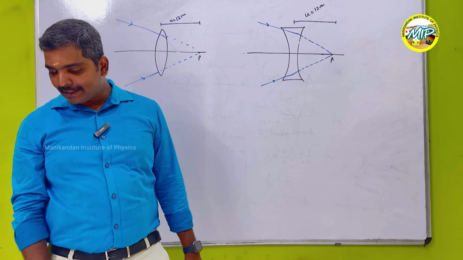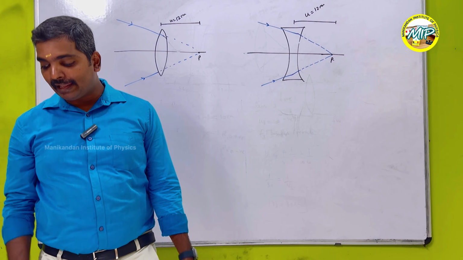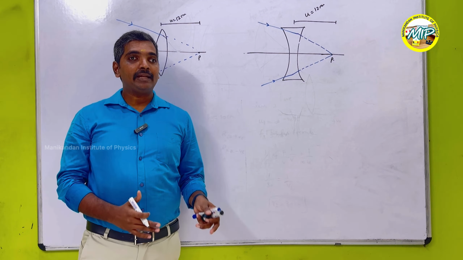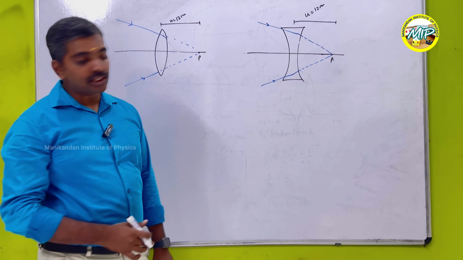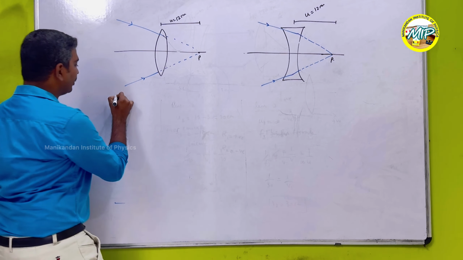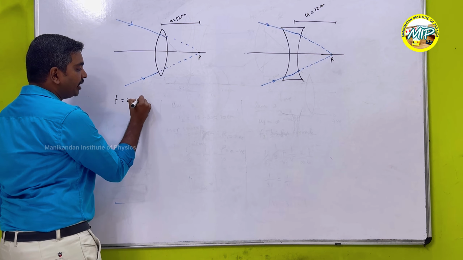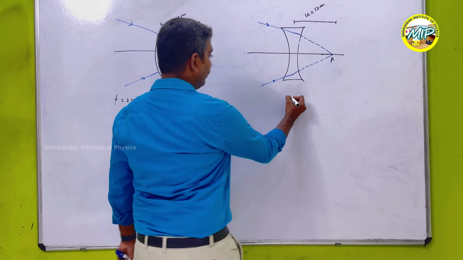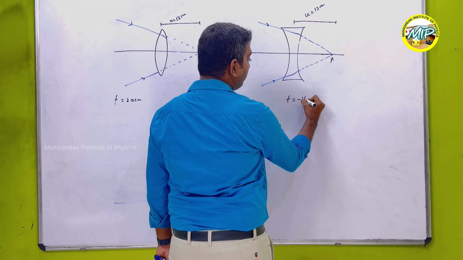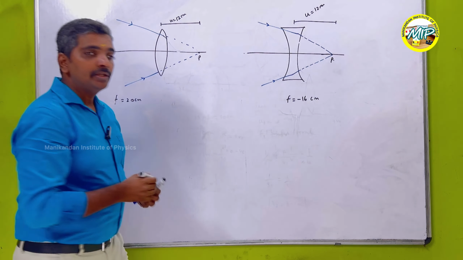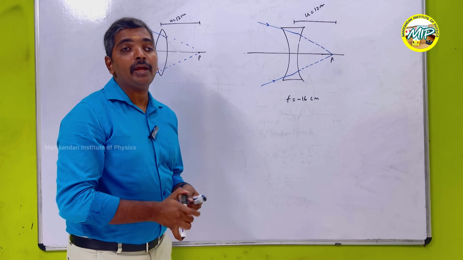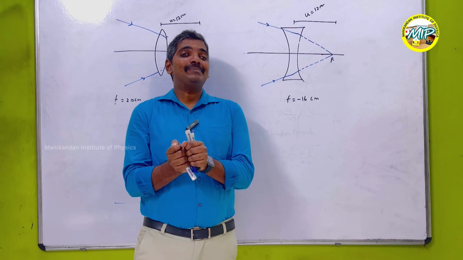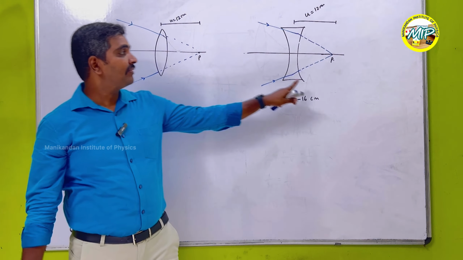At what point does the beam converge if the lens is, first part, a convex lens of focal length 20 centimeter, and second, a concave lens of focal length 16 centimeter, which is going to be minus 16 centimeter. So now we just want to find the image produced by this lens as well as this lens.